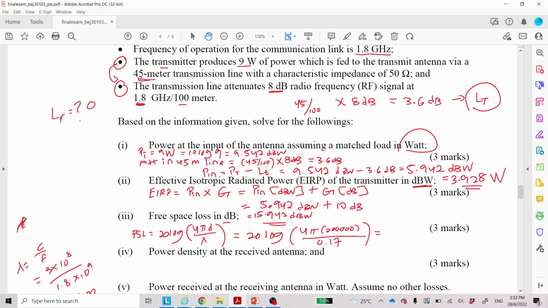So you're going to get 143.4 dB. Try to use your calculator and see whether you can get 143.4 dB or not.